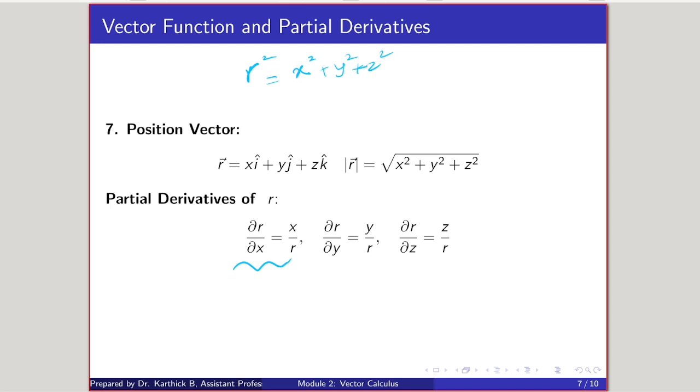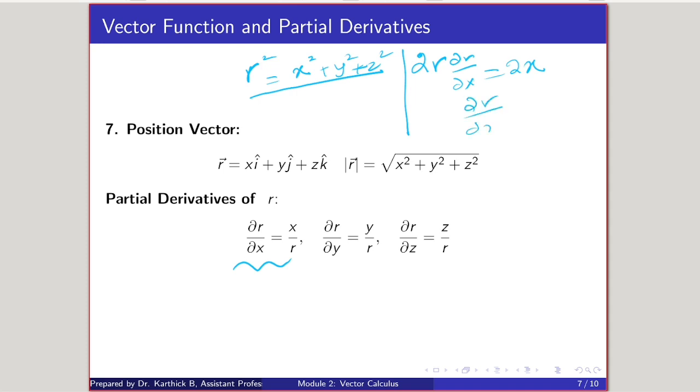If I differentiate this function with respect to x, what happens? r is a function of x, y, z, so there will be 2r ∂r/∂x. Differentiating with respect to x, 2r ∂r/∂x equals 2x. Okay. If I differentiate this with respect to x, 2x.